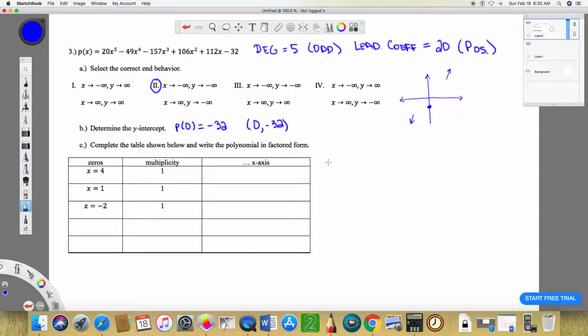All right, so to find the x-intercepts, we want to set this polynomial function equal to 0 and solve this equation. But this equation is pretty difficult to solve. We do not have any kind of technique like an x method or any closed formula.